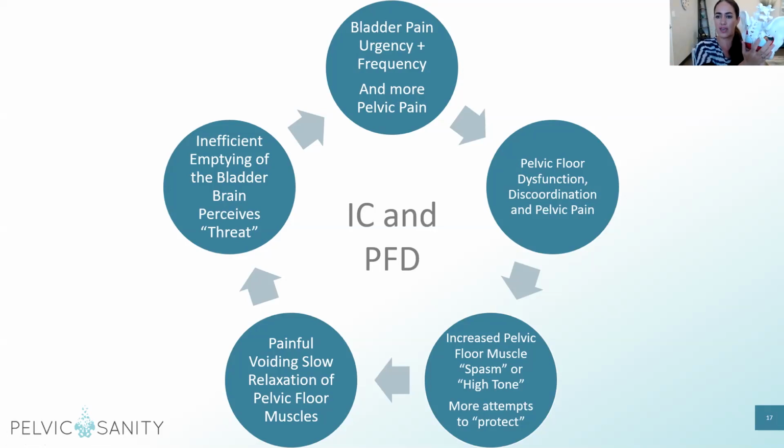That can all be anything on that list, independent of whether or not you had urinary symptoms at the time. If you had bowel dysfunction, nerve irritation, or anything else, then we can start you in this category, that you potentially had some sort of pelvic floor dysfunction, some sort of discoordination, some sort of pelvic pain.